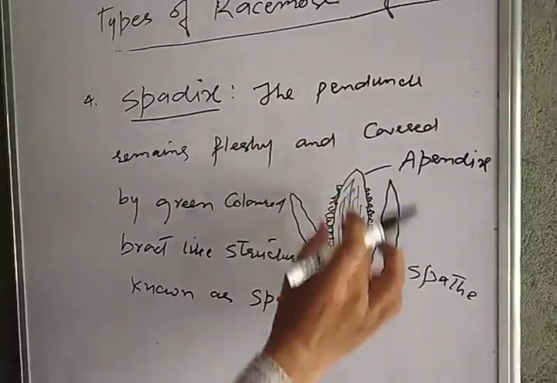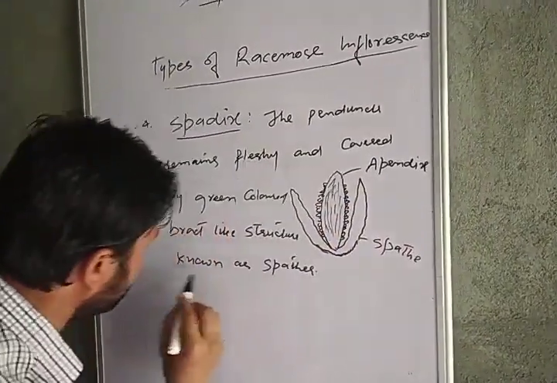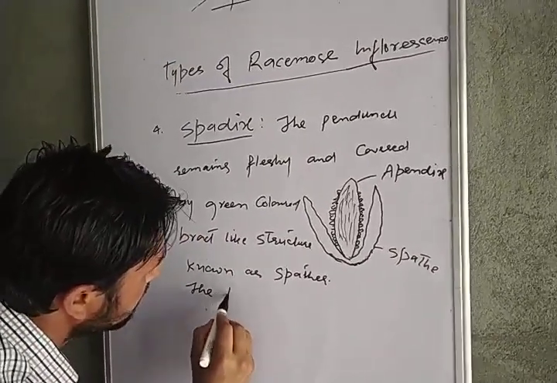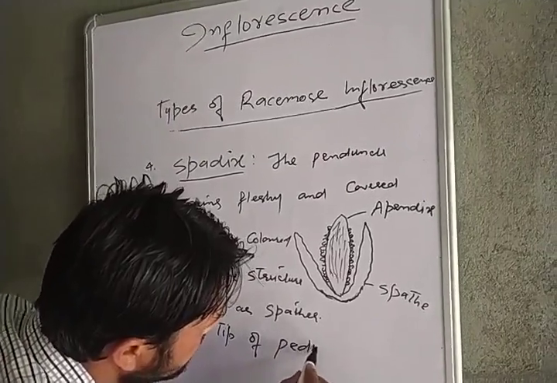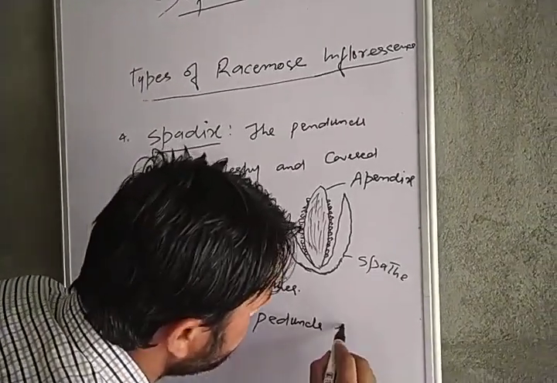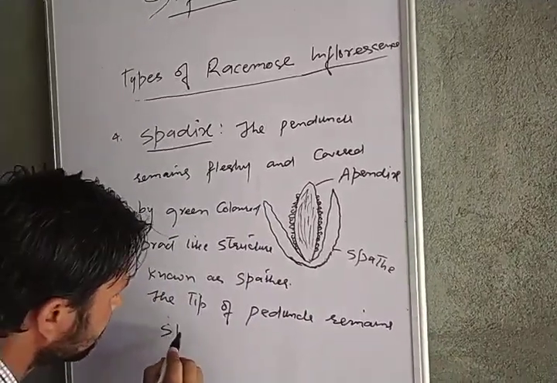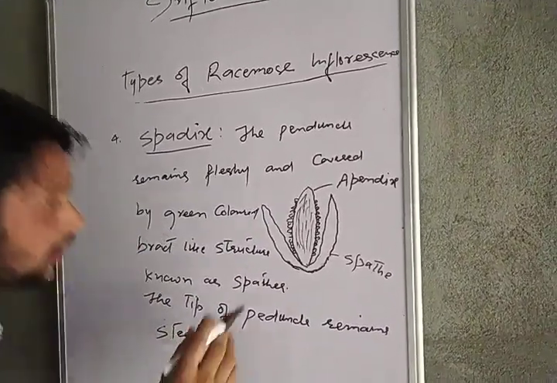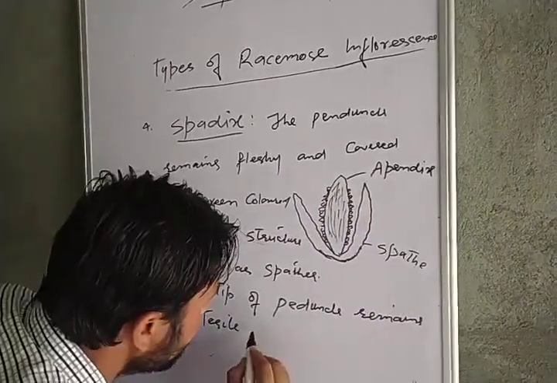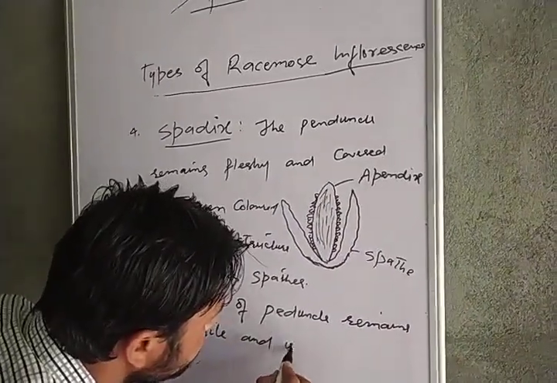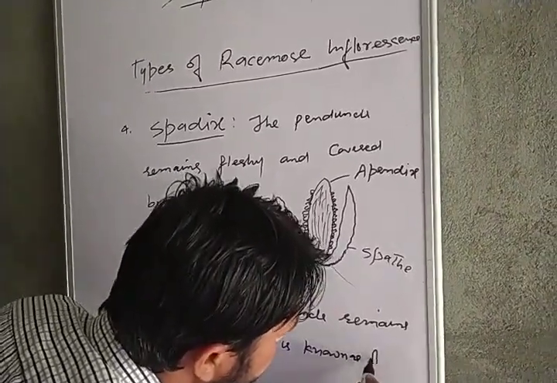And the tip of the fleshy peduncle remains sterile and does not possess flowers. The tip of the peduncle remains sterile and is known as appendix.